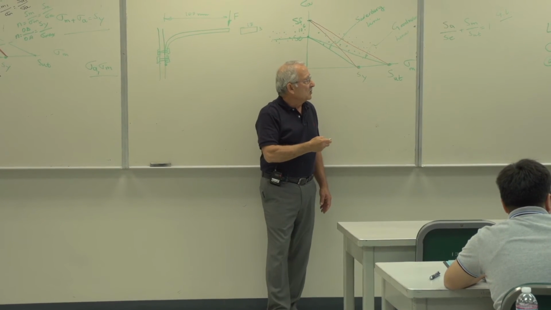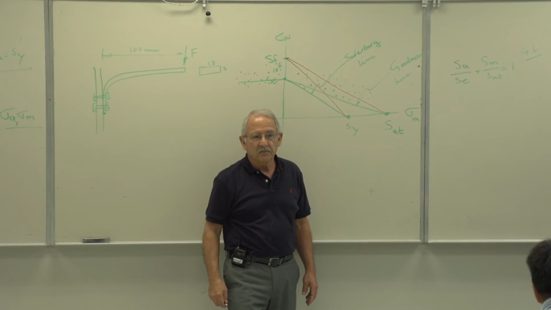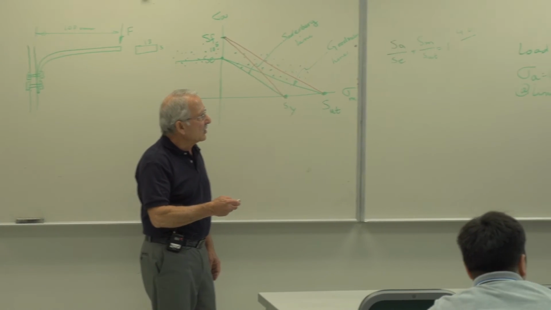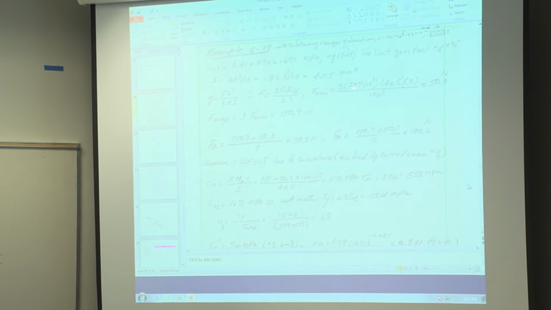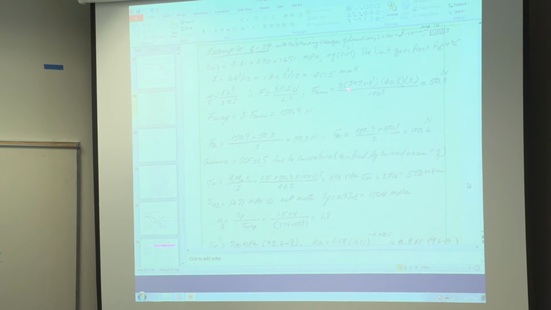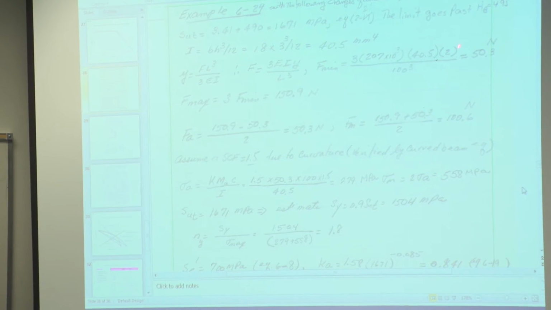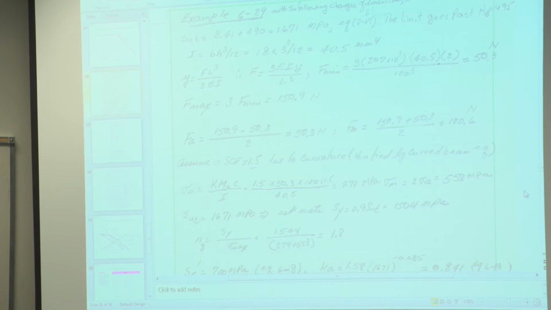For a cantilever beam, deflection is equal to FL cubed over 3EI. Therefore, the force is 3EIY divided by L cubed. So this is a modulus of elasticity for steel. I, Y, the 2 millimeters, and L cubed, 100 cubed. 50.3 newtons.